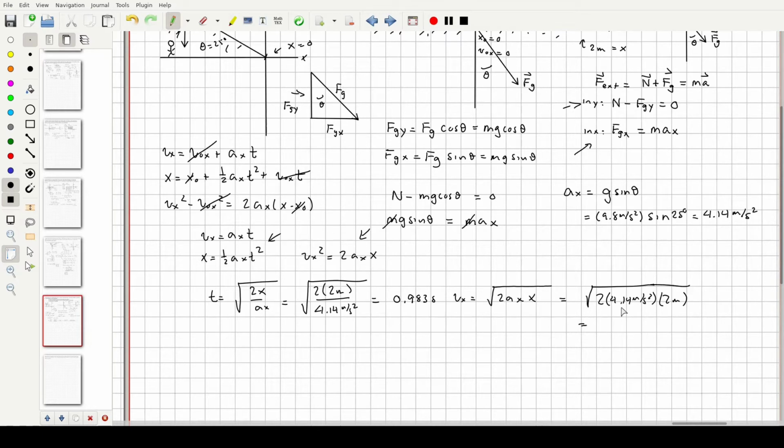So, again, use a full expression. I get 4.07 meters per second. Now take the positive value because it's moving to the right.